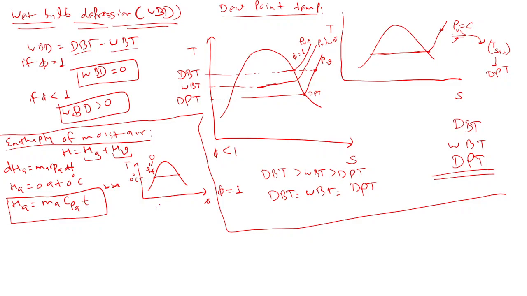So you have to remember: hf is 0, and hfg is 2500 kilojoule per kg at 0 degrees Celsius. After that, if heating is there, then Cp of vapor would be 1.88. It is for the water vapor. Keep this in mind.